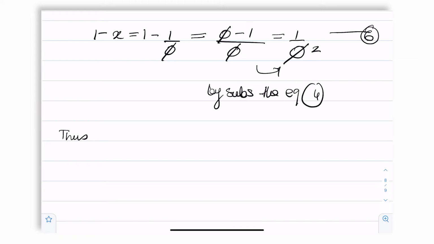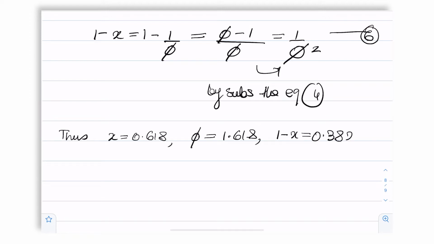Thus, x is equal to 0.618 by substitution, phi is equal to 1.618, and 1 minus x is equal to 0.382. These numbers show up again, so I'm just going to highlight them, keep them in mind.